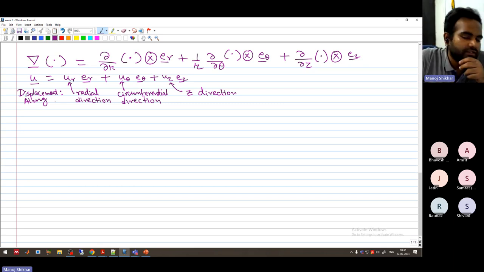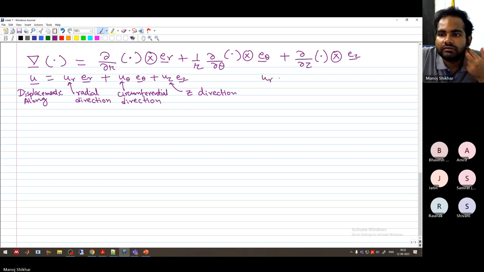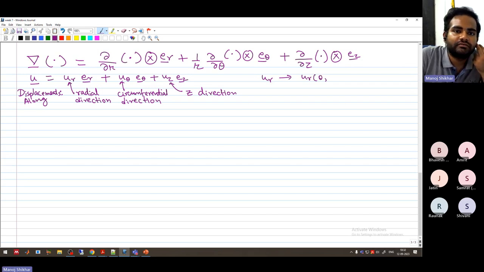Okay, so these are the displacements along the radial direction, the circumferential direction, and the z direction. One thing to remember is that UR can be a function of r, theta, z.